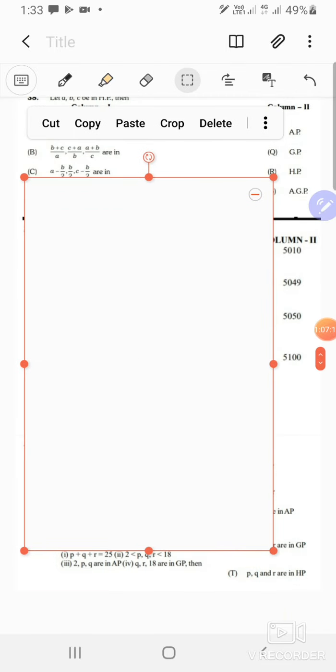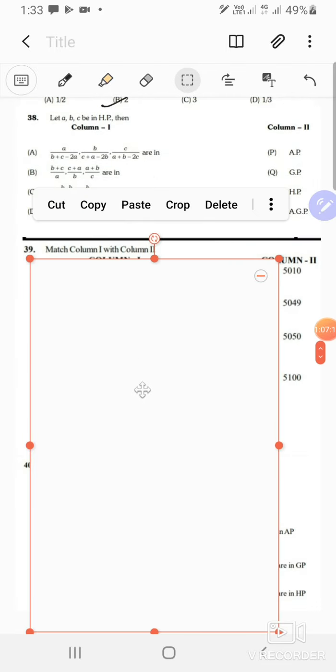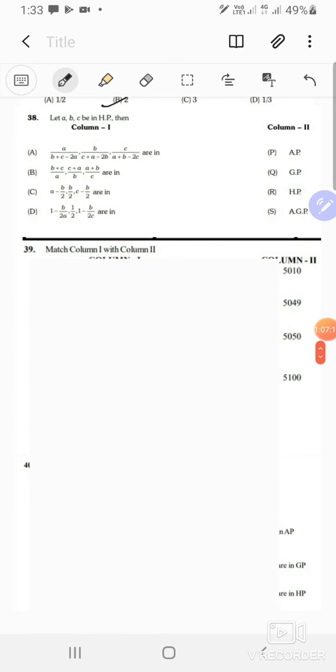The next question, okay, there's no space. Okay, fine, so let a, b, c be in harmonic progression, then it's a matrix match. We'll look at the reciprocal first, and then you can add 3 to each term.